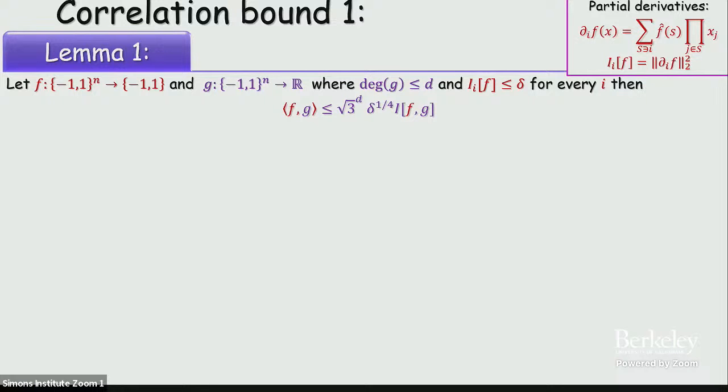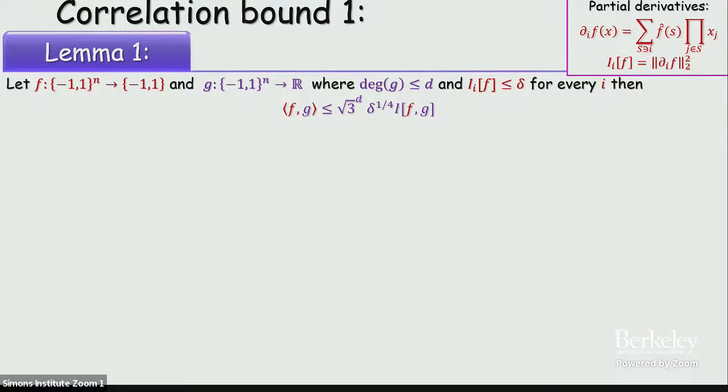This is a general correlation bound. The first function f is Boolean. The second function g goes to the reals, but we know that it has bounded degree. And we have some promise about the influences of f: we know that all the influences are small.